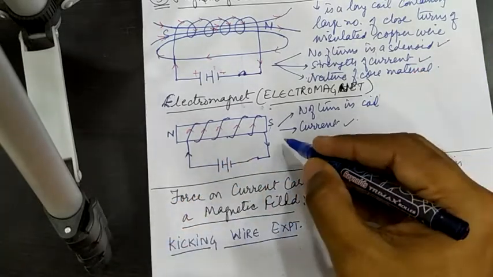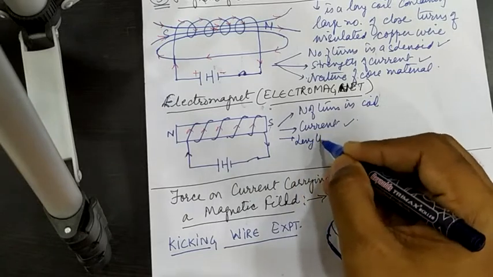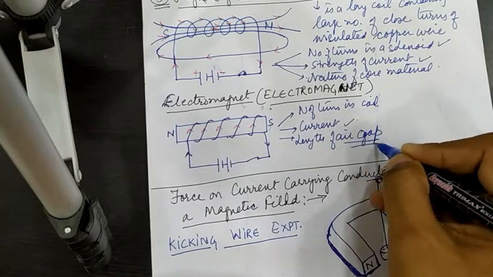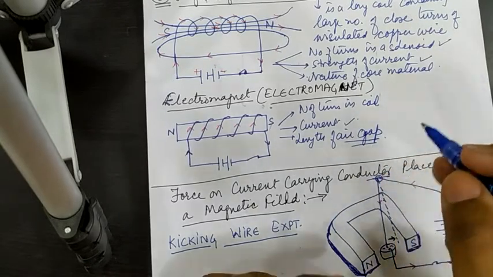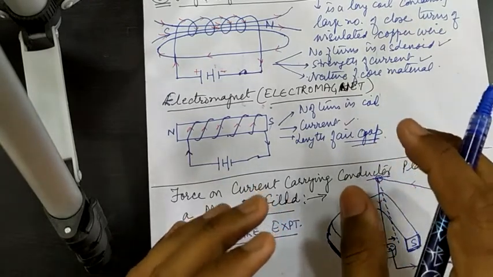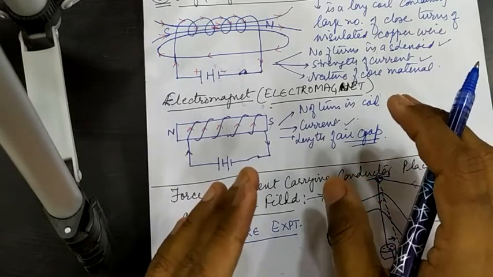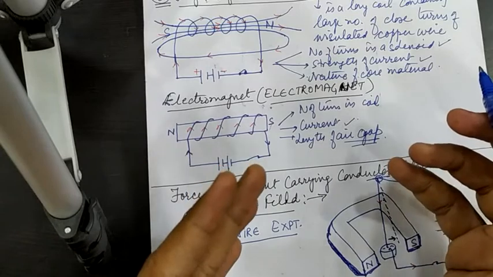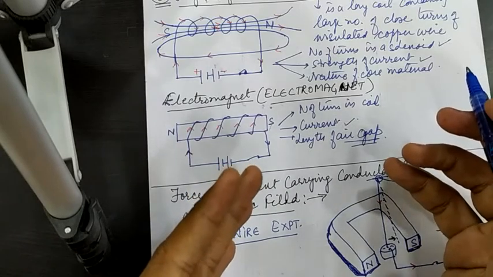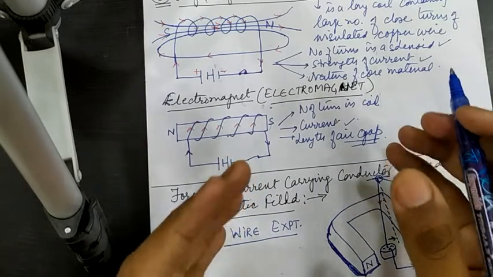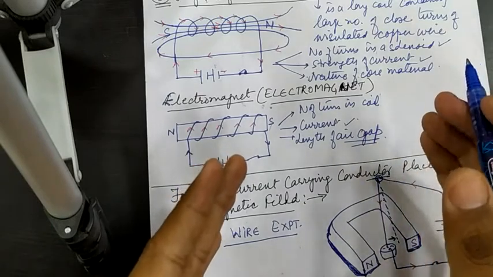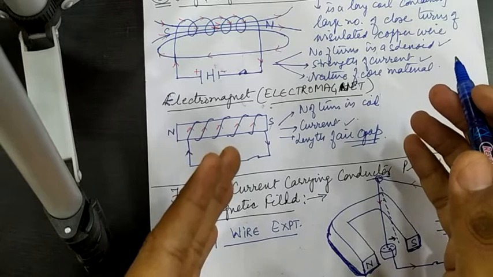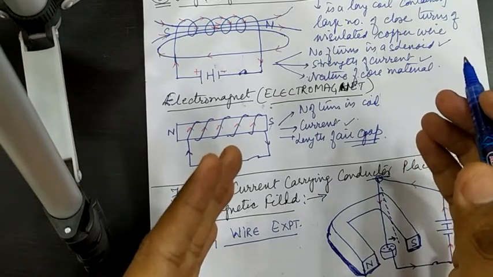And lastly, the length of the air gap between the poles. This is also important. If we reduce this air gap between the poles, then the strength increases. Mind this thing. If you are making a bar type electromagnet or a U-shaped electromagnet, as you know, a bar type electromagnet is not very strong.